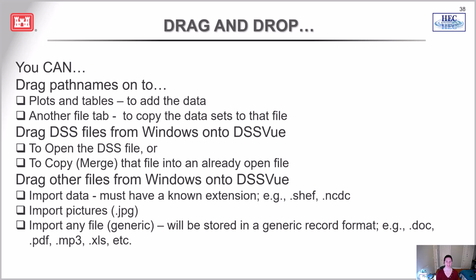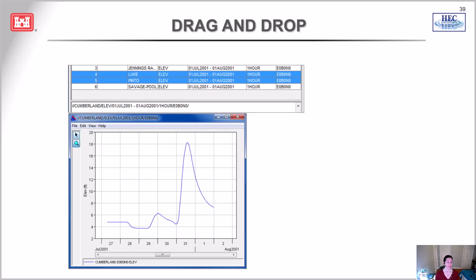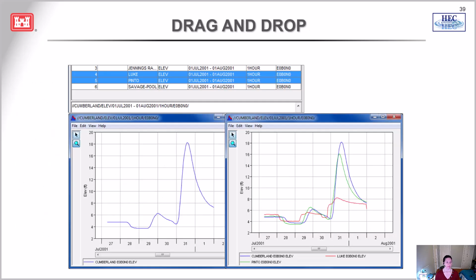It must be a file type that DSSVue has the ability to work with. So drag and drop is a very useful feature. This is an example of the drag and drop where they dragged multiple time series onto a single plot.